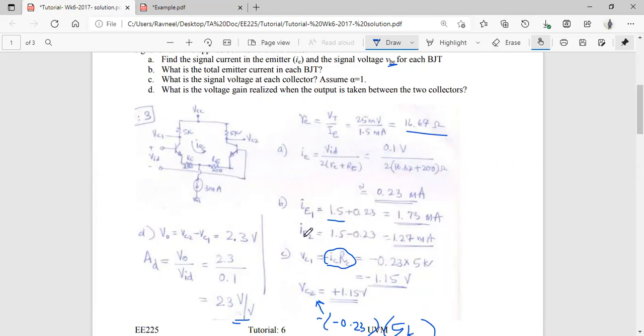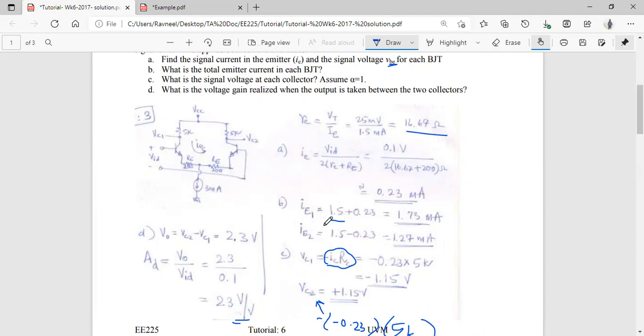Since it's a positive terminal, we consider this current positive. Summing that up gives me the emitter current for this BJT, IE1, equal to 1.73 milliamps.